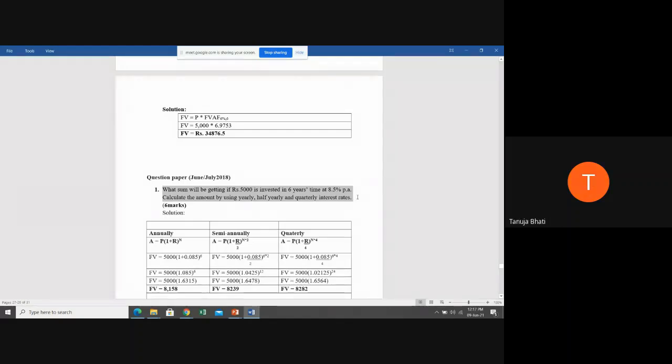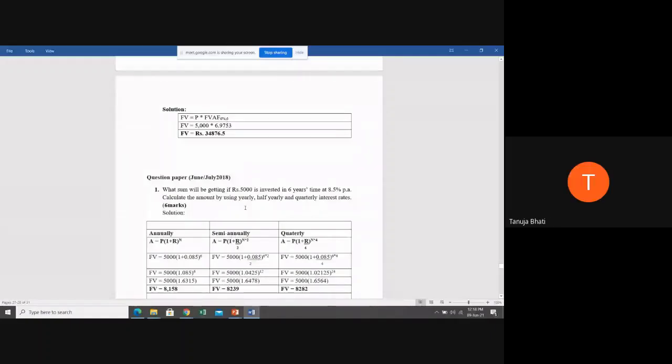Future value. They have asked separately to calculate the amounts using yearly, half yearly and quarterly calculation. Now, future value of a single cash flow or multiple cash flow? Single cash flow.